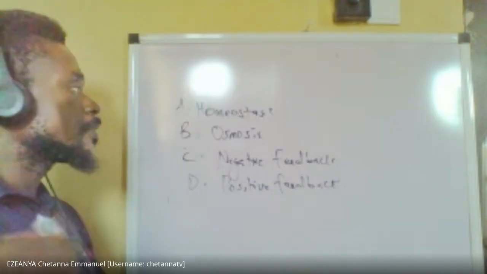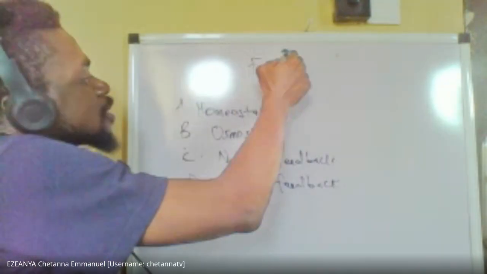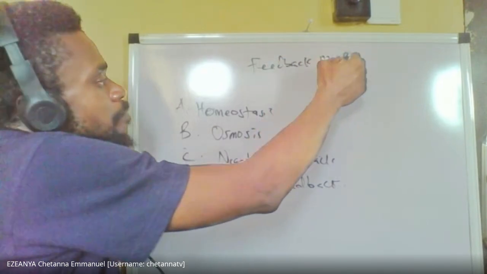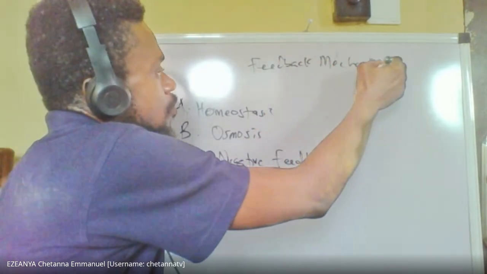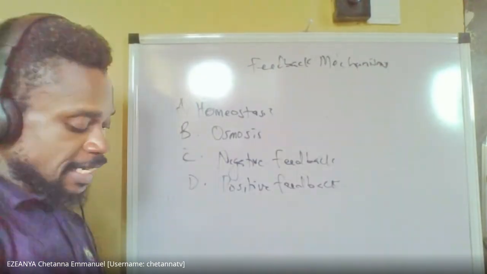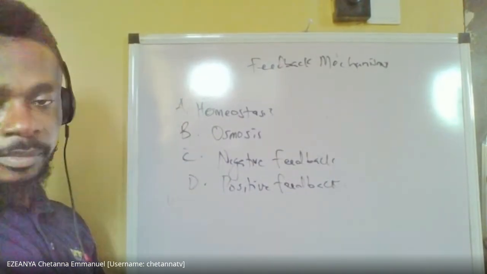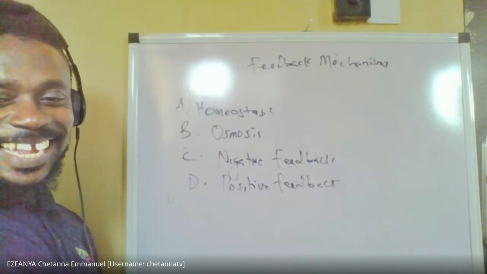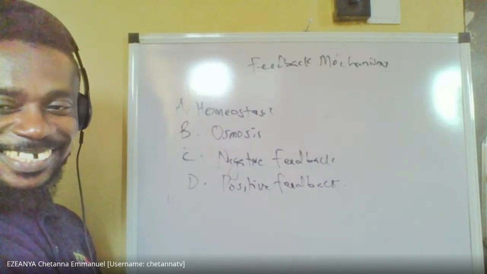I said feedback mechanisms. Okay, there's feedback here already. Feedback mechanisms. So what's the answer? Any idea? I think it's between C and D, but I'm calculating the likelihood of positive feedback being the answer.